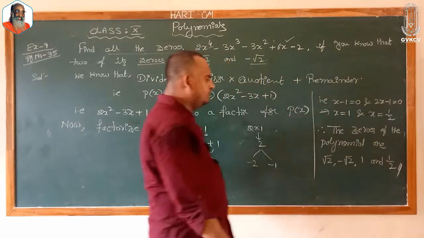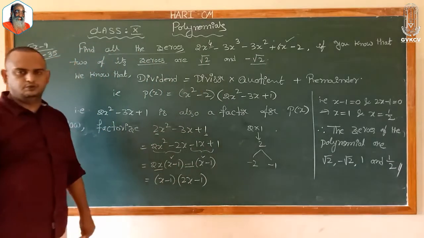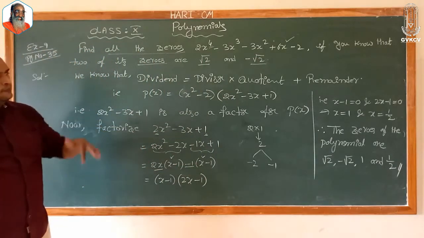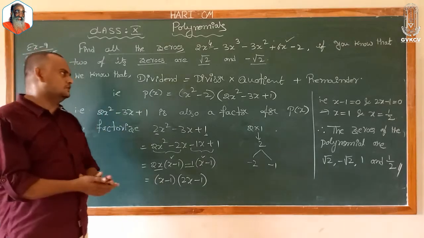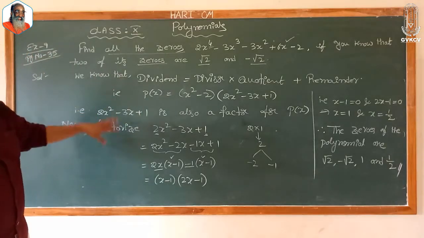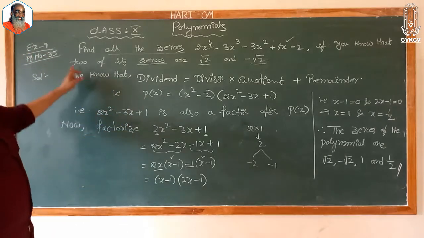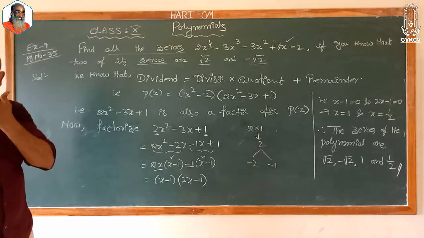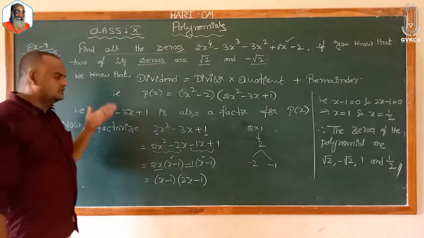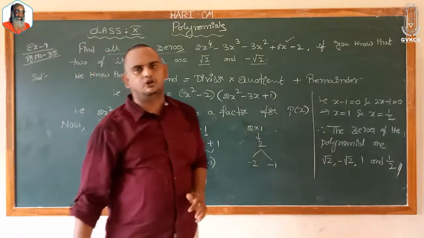So in total I have 4 zeros. Root 2 is one zero, minus root 2 is another zero, plus 1 is another zero and plus 1 by 2 is another zero. This is the procedure we have to follow to get all the zeros of a given polynomial. This is an important model and this is the last model in our chapter.